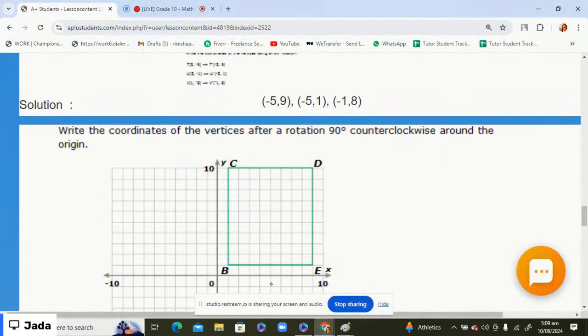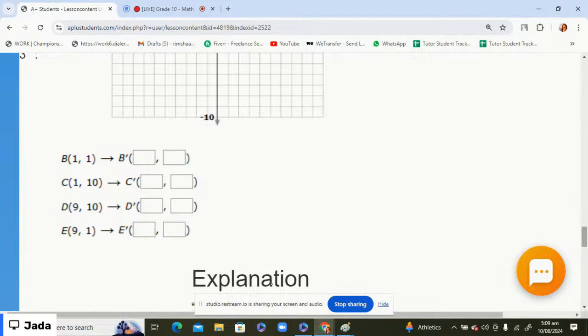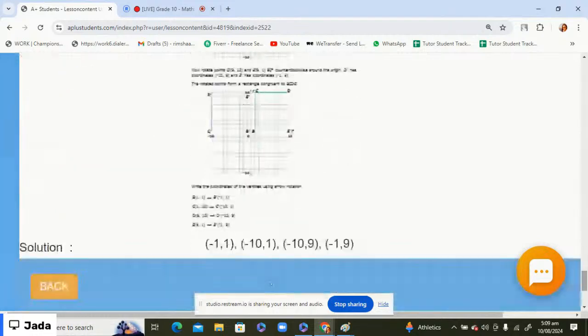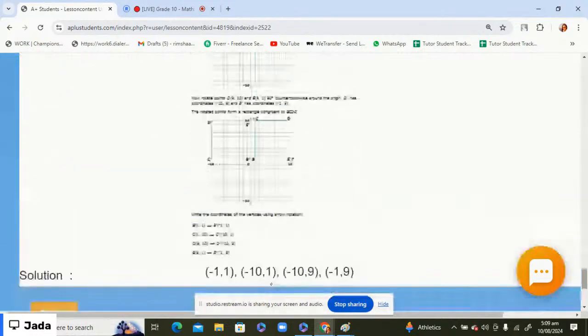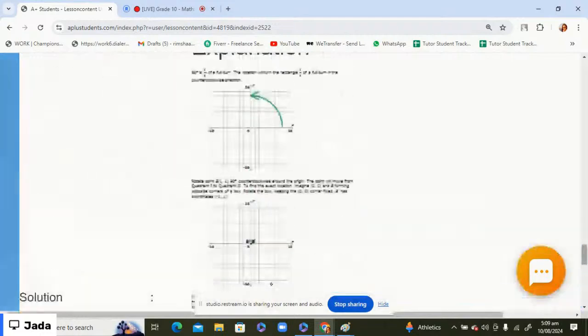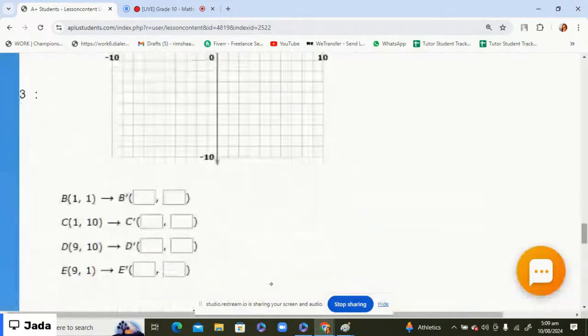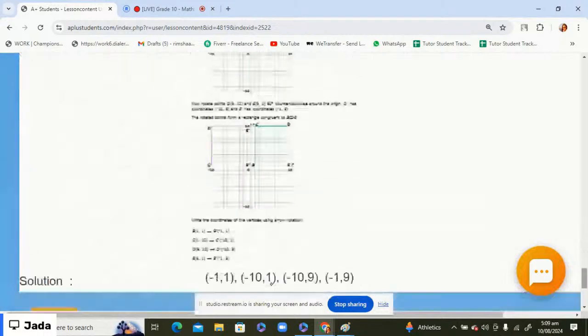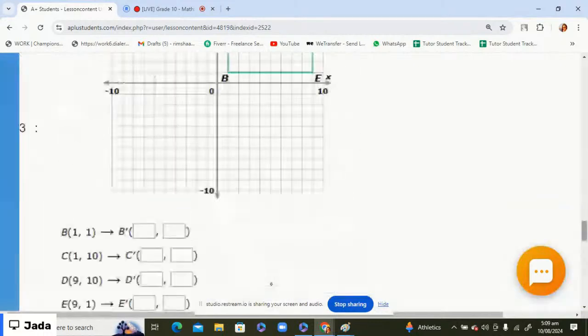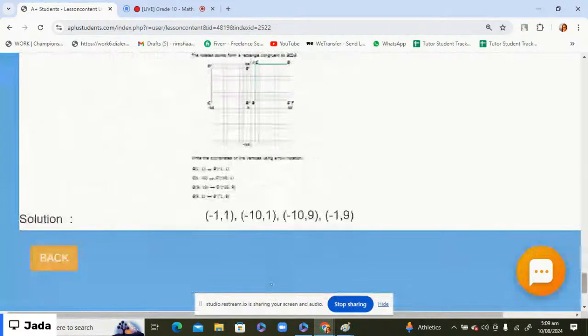For example, what's the sign for the first one? 1 and 1, so this is 1. Then 1 and 10, so minus 10. The third one again minus 10, and the fourth one again minus 1.